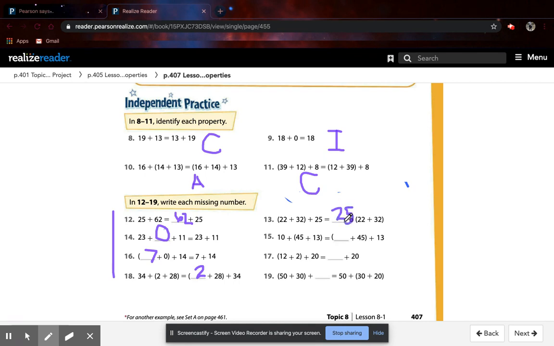For 15, we would need a 10. For 17, we would need a 14. And for 19, we would need a 20.